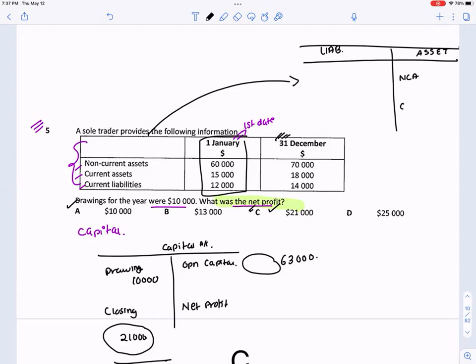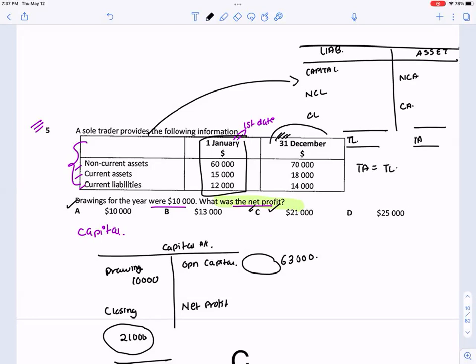What are the liabilities made up of? Non-current liability and current liability. And even capital. And at all points of time, your total assets will always be equal to your total liabilities.